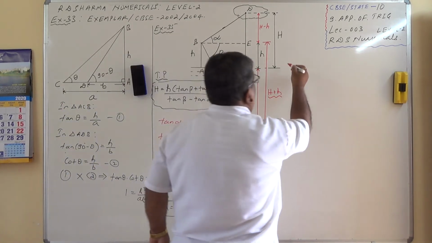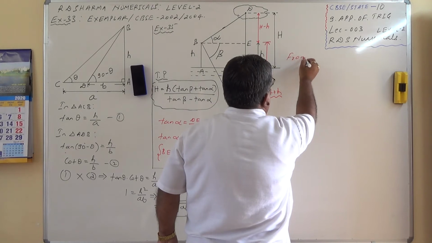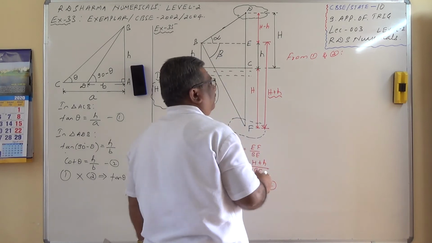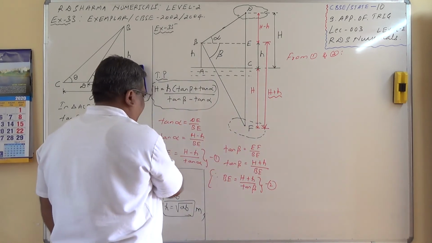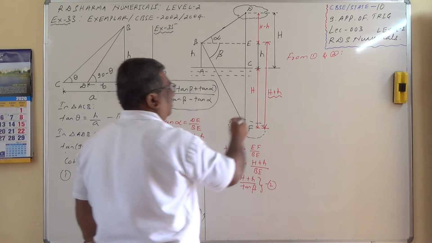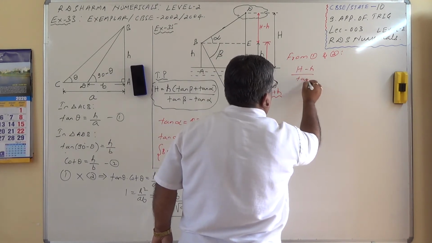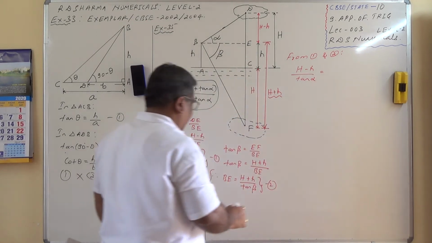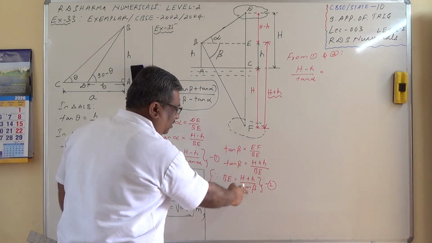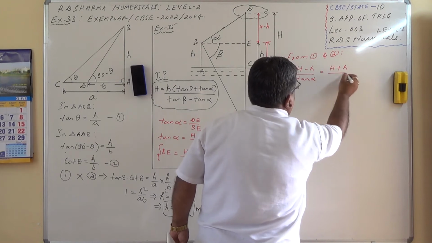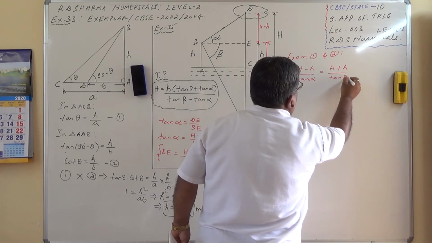So from 1 and 2, BE equals H minus h by tan alpha, and also BE is equal to H plus h by tan beta.